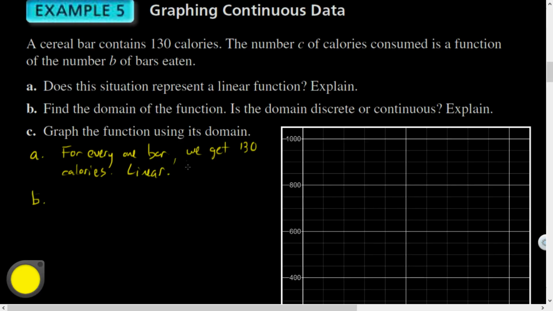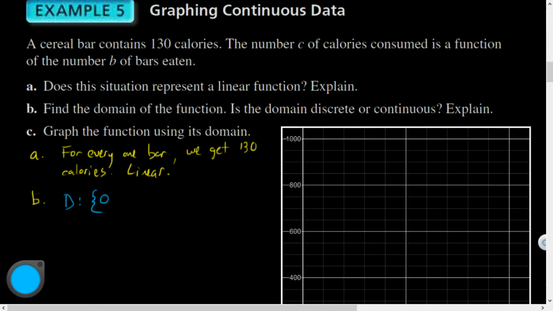Find the domain of the function. All right, how many cereal bars can I eat? I don't know. Can I eat negative cereal bars? Not unless they were yesterday's cereal bars and I was feeling nauseous. We'll say 0 is the first number of cereal bars I can eat.